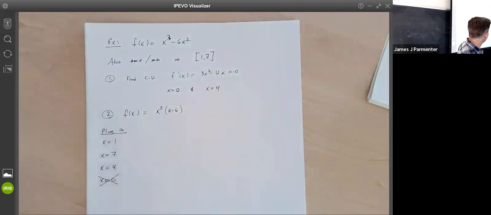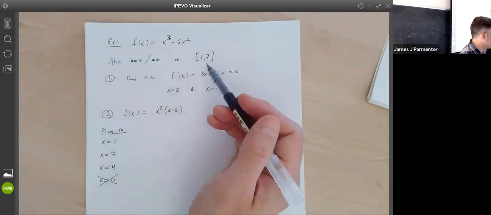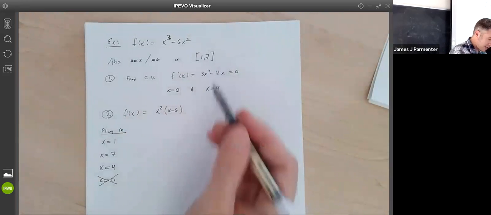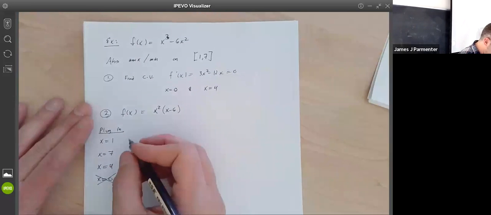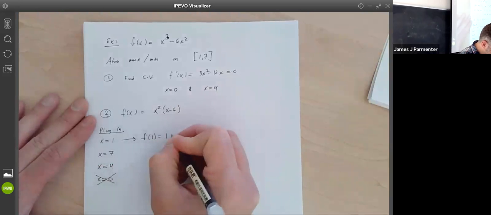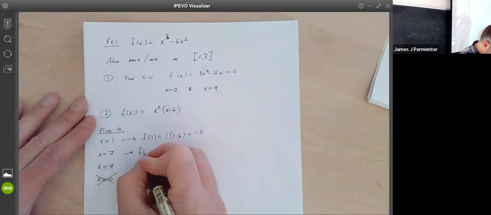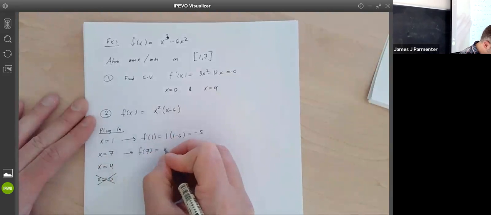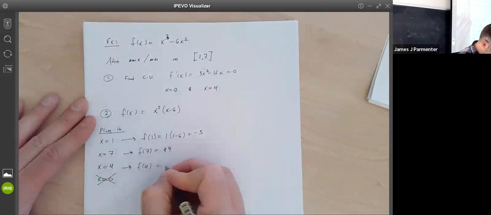So if your point isn't in the interval that we care about, it's out of bounds. We don't care about it. Let me find the values, and then we'll see what's going on graphically. I plug in x equal to 1, f of 1 is going to be 1 times 1 minus 6, which is negative 5. I plug in 7, f of 7 is 49 times 1, and f of 4 is going to be 16 times negative 2.